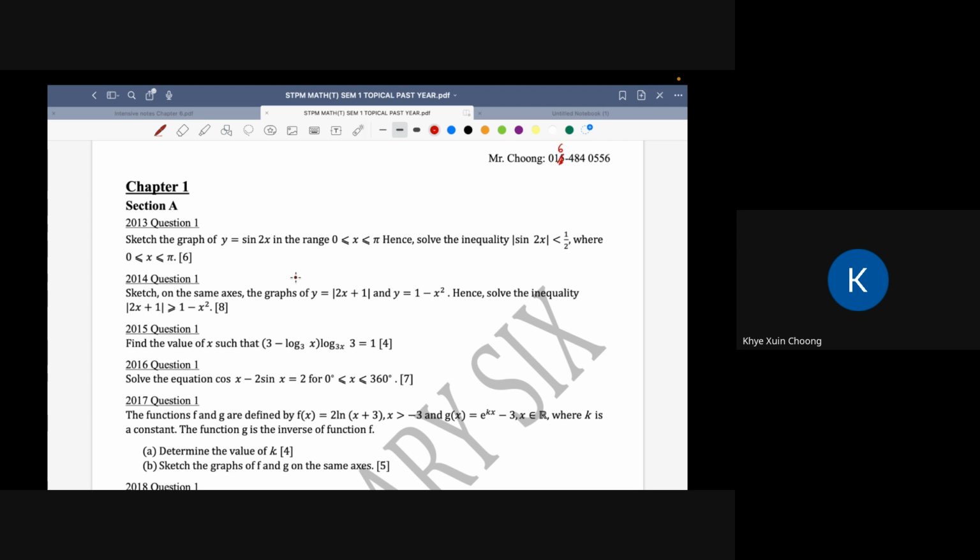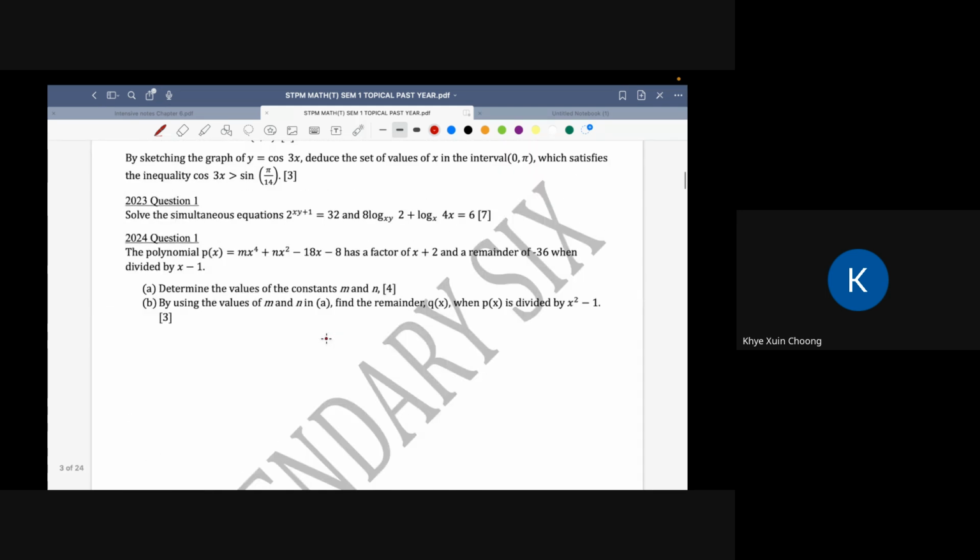When you solve the problems, you can target the chapters that you want, then you can go straight to find the question. For question 7 and 8, mostly question 7 comes from chapter 1, then mostly question 8 comes from chapter 6. So you can go down and see there is a section B.